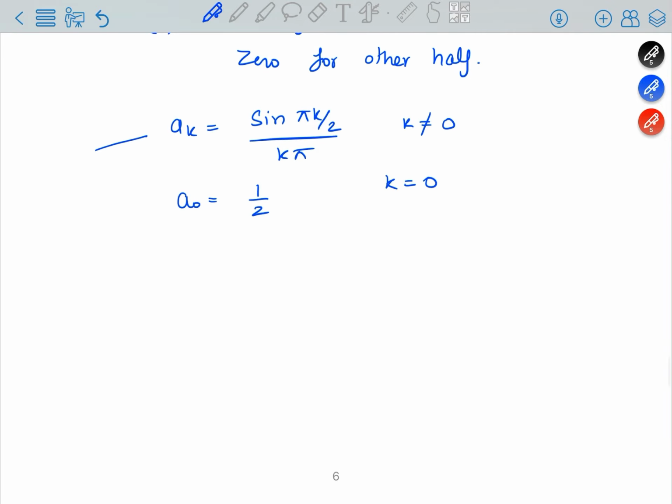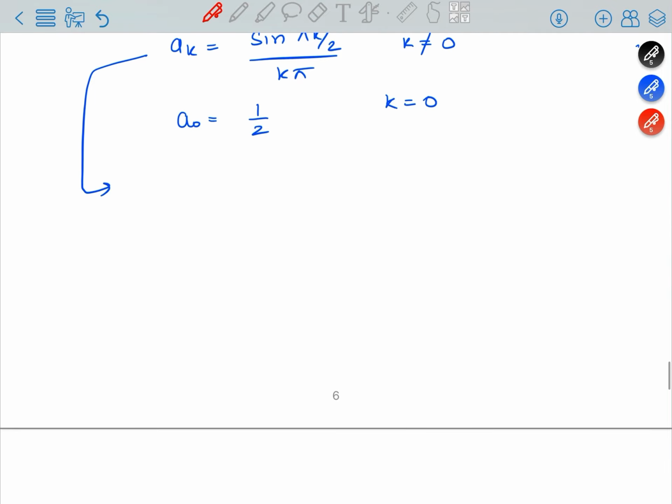So from this expression, we can write the different coefficients: a of minus 1 is equal to a of 1, which will be equal to 1 by pi. Similarly, a of minus 3 is equal to a of 3, which is equal to minus 1 by 3 pi, and a of 5 is equal to a of minus 5, which is equal to 1 upon 5 pi.